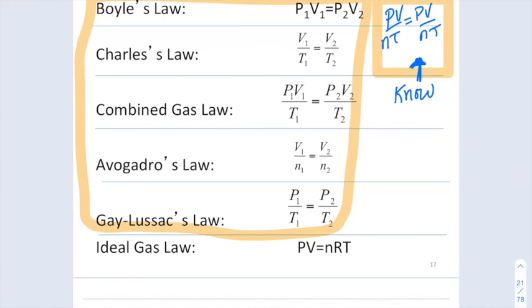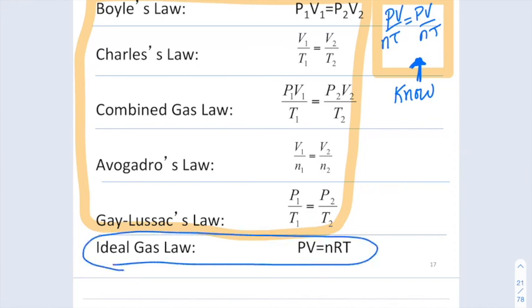The other thing that I do need you to know from here is the ideal gas law. So this is going to be very important. And this is PV equals nRT. So you still have to know two gas laws, two formulas here, but you don't have to memorize all those individual ones. And we're going to get more practice with this next class.